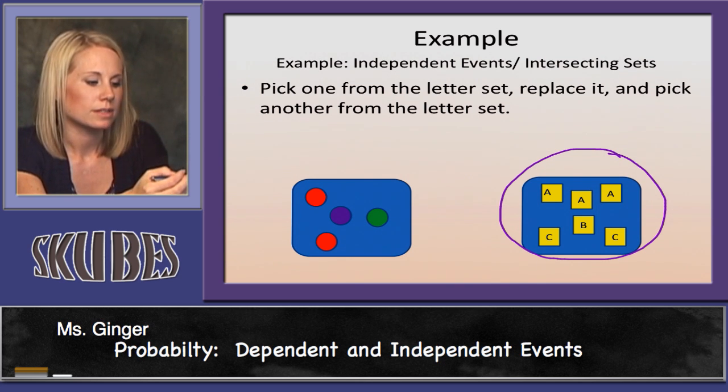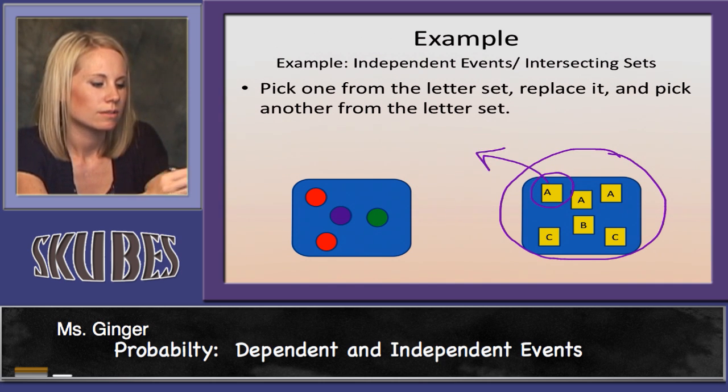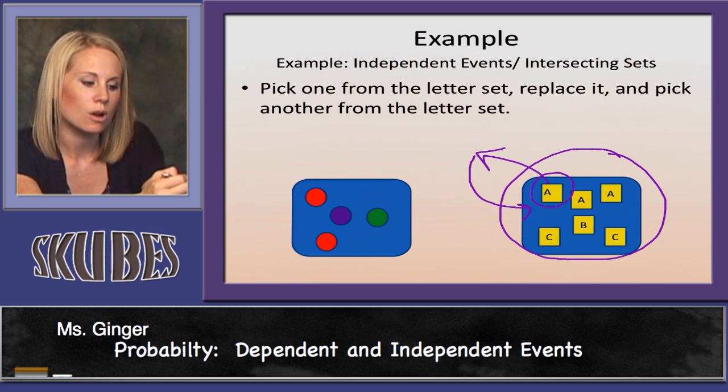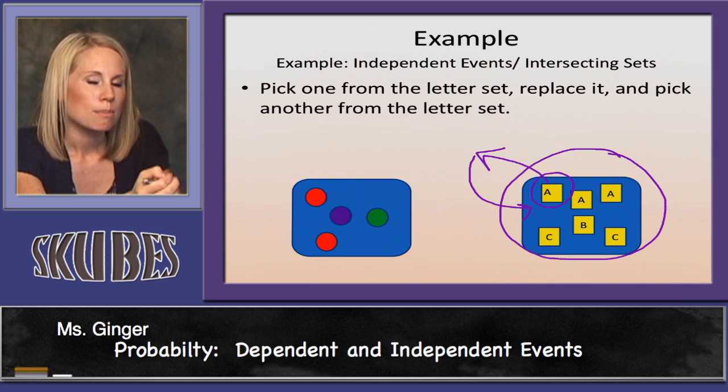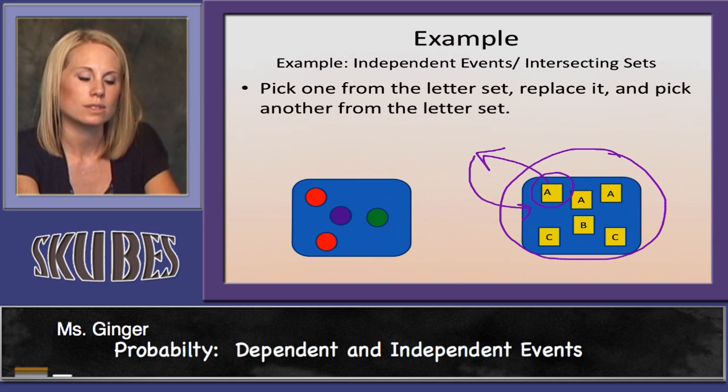So if we pick one from this letter set over here, take it out, and replace it, so we're going to put it back in before we do our second draw, then both of those draws are going to be independent because I'm replacing the letter block that I drew out to have the exact same amount in the box for my second draw. The exact same amount of each item, the exact same total. So that's why we have independent events. One will not affect the other.